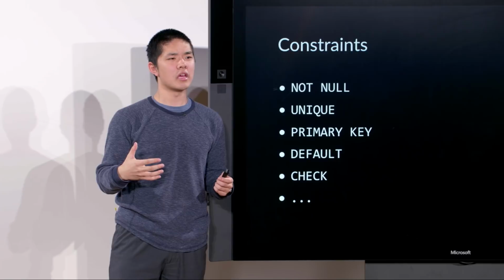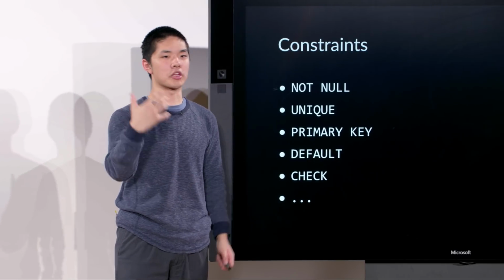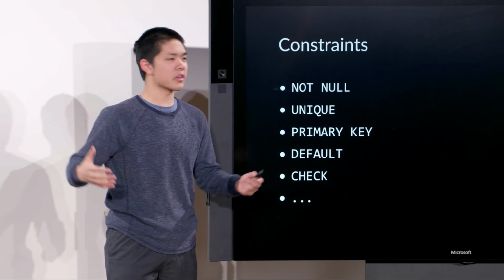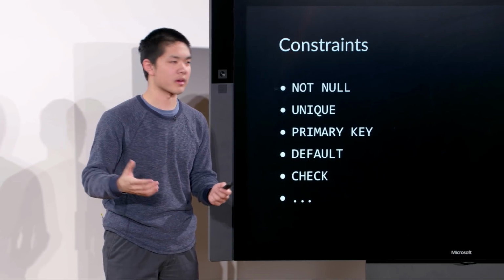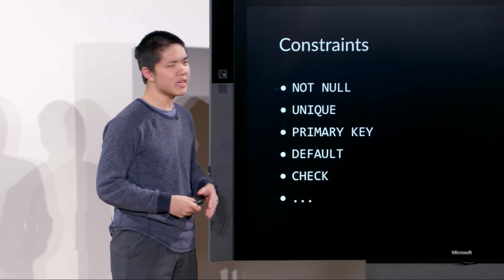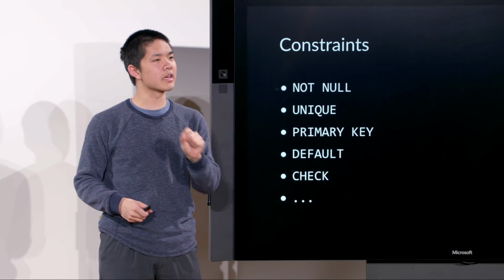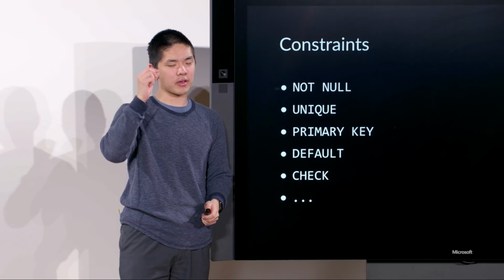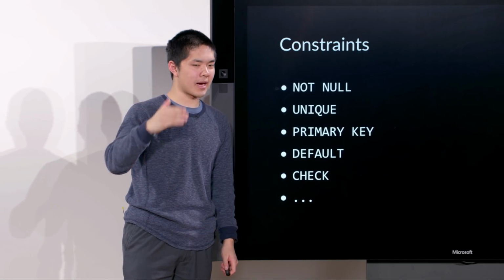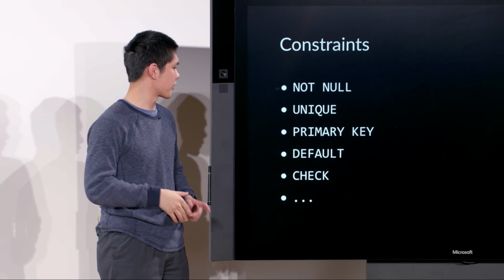So for instance, if you are managing a database of users and every user has a username, you might want that username field to be a unique column because you don't want two different users to have the same username. Primary key is just the single way by which you're primarily going to reference a table. Usually that's going to be the ID, just the integer that keeps counting every time, that keeps track of which individual row you're referring to.